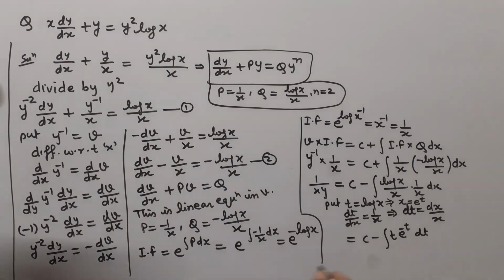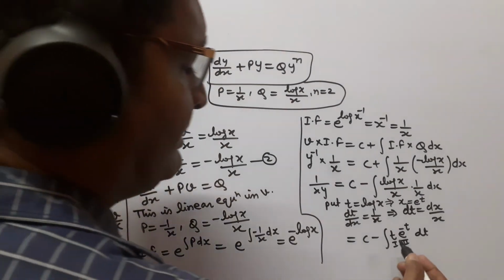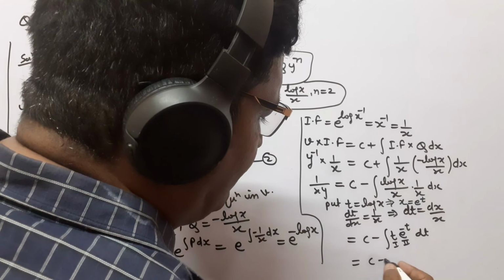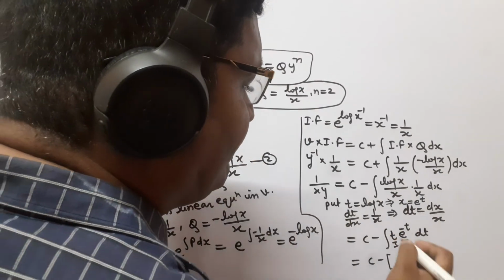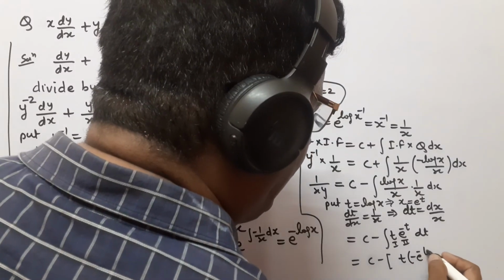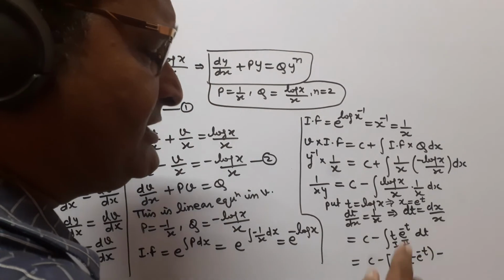Now we integrate this by parts, taking t as the first function and e to the power minus t as the second function. So first we write the first function, that is t, times the integration of the second function, that is integration of e to the power minus t, which is minus e to the power minus t, minus integration of the differentiation of the first function, that is differentiation of t with respect to t, which is 1, and then the integral of minus e to the power minus t.